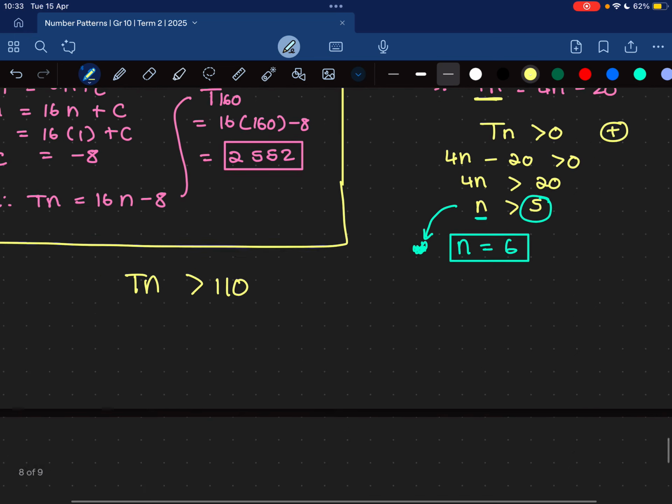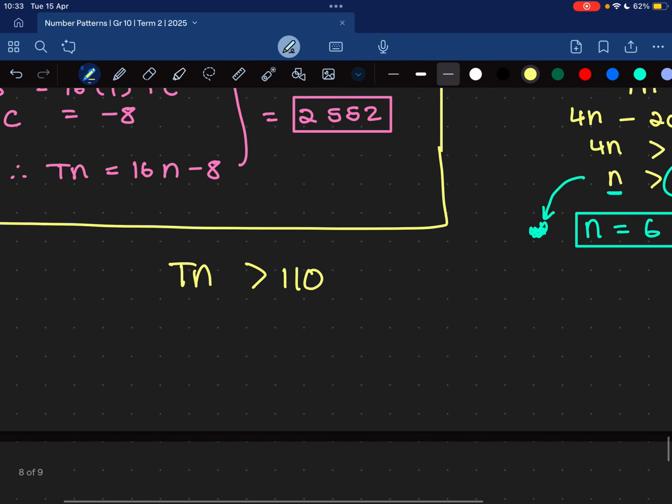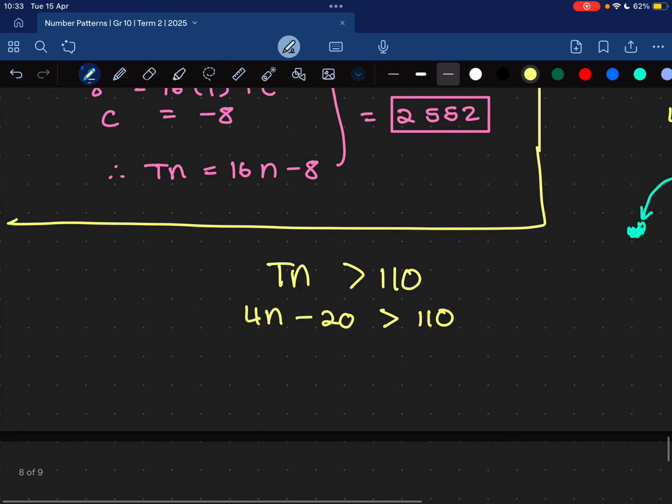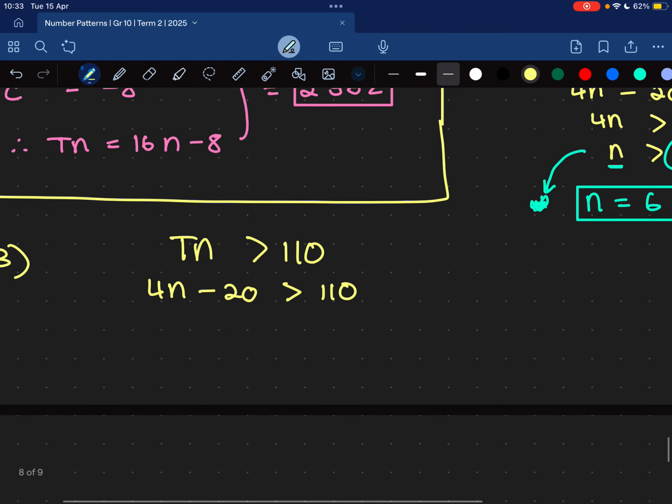So we just follow the exact same rule. We said 4n minus 20 must be greater than 110. So therefore 4n must be greater than 130. So n must be greater than 65 over 2.